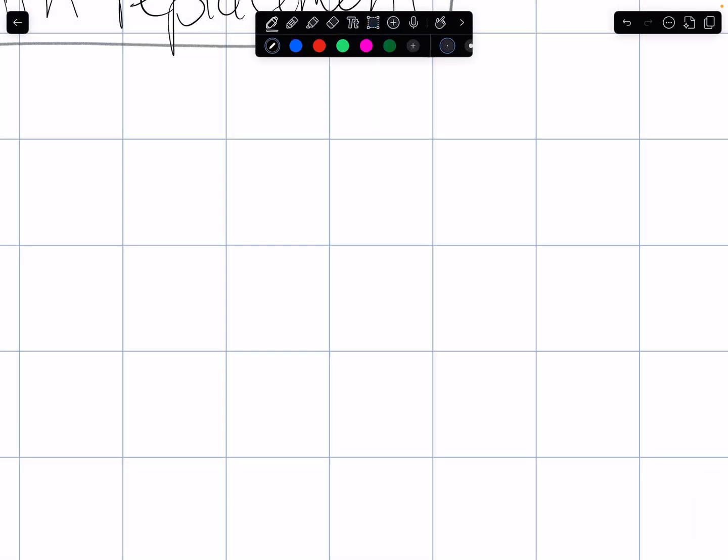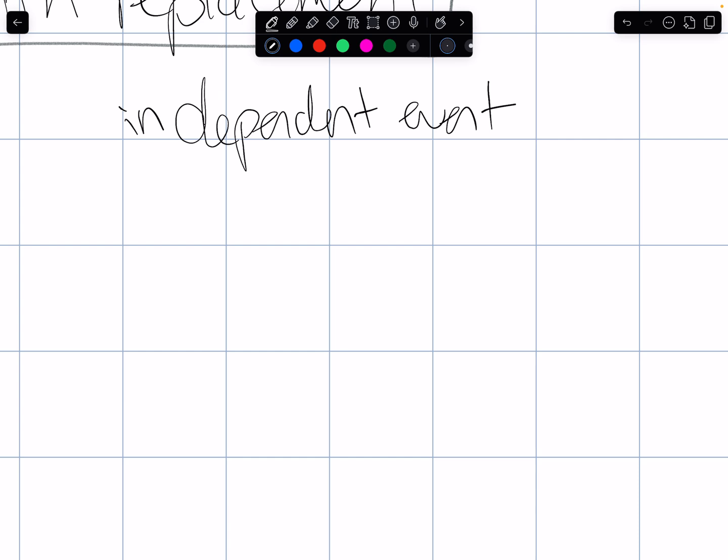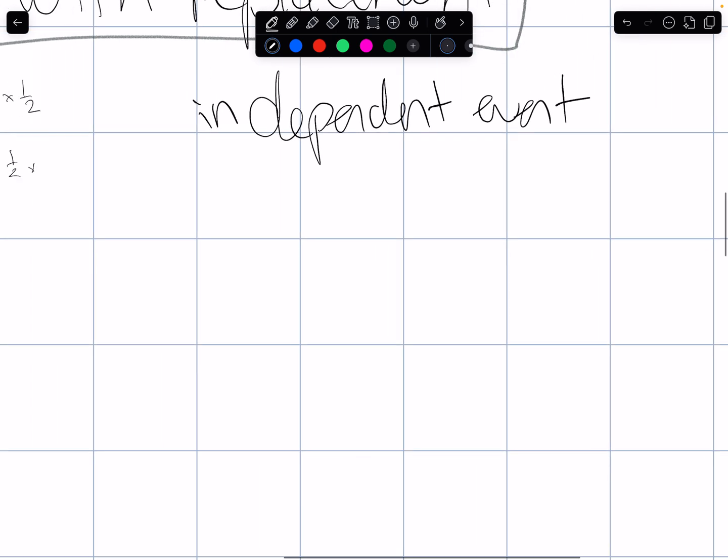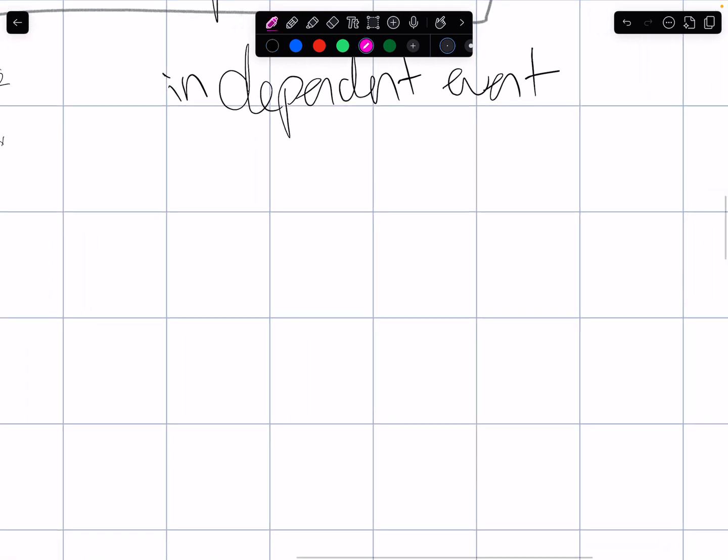This is where we kind of come to understand what our independent event is, right? Now, we can see I can either pick a green or a pink ball, okay, in my first one.